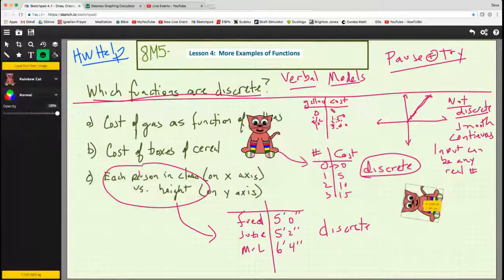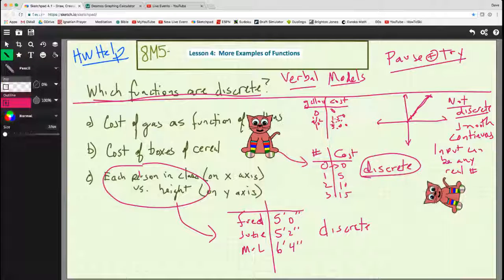The whole key to the lesson, again, is basically, can you circle or identify each unique input, and is it not on a continuum? If it's a real number, typically real numbers or fractions as inputs would be non-discrete functions, and anything that's integers, whole numbers, unique people, things that are identifiable.